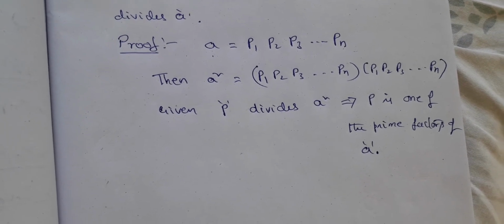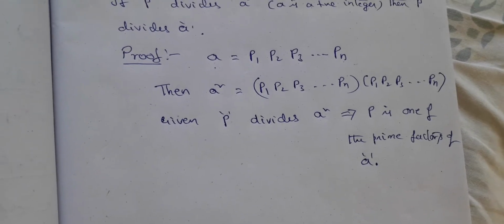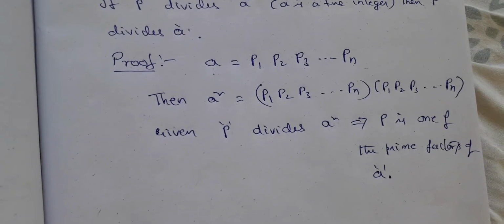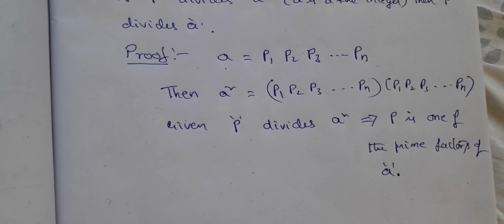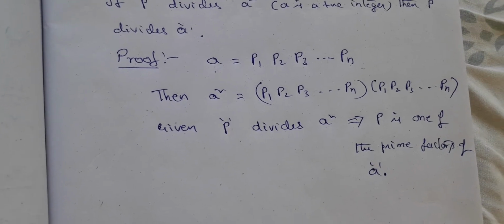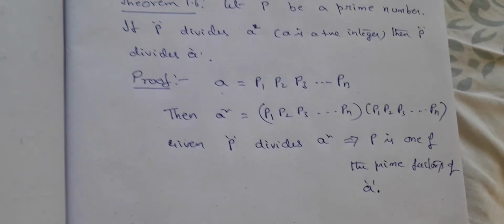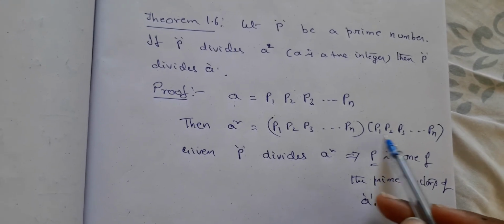According to the fundamental theorem of arithmetic, whatever prime factors you have, they are unique. So therefore, P can be any one of P1, P2, P3, P4, etc. Is it not? P cannot be anything different from this.